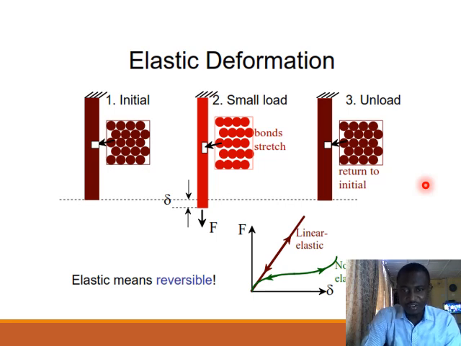This is why it is called reversible. It means the material is able to recover completely from the applied load. So once you apply a load and upon withdrawal of that load the material returns completely back to its original state, the kind of deformation the material has experienced is what is called elastic deformation.